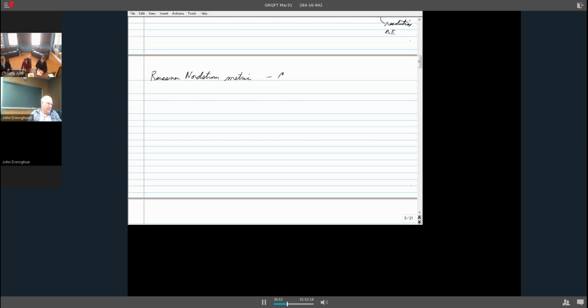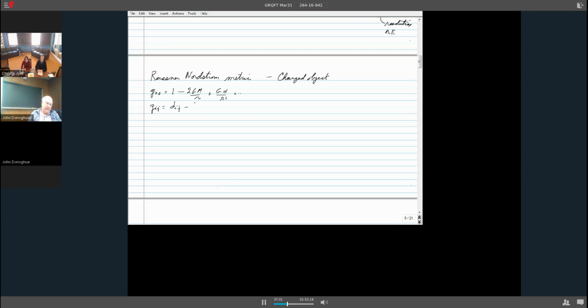This is work that I did with Barry on the Reissner-Nordstrom metric. The Reissner-Nordstrom is the gravitational field around a charged object. And there's some full solution here, but let me just give you the Taylor expansion because that's what we do.